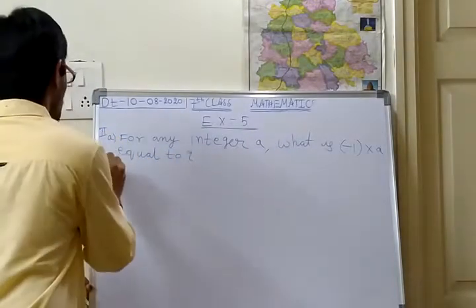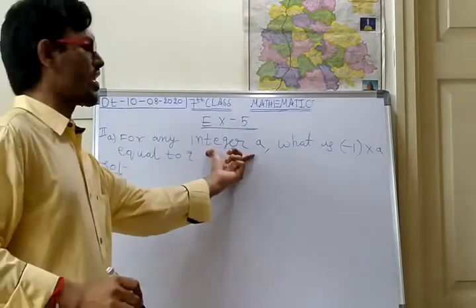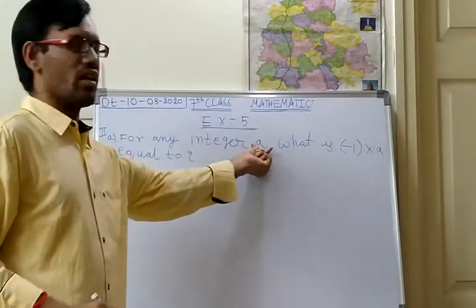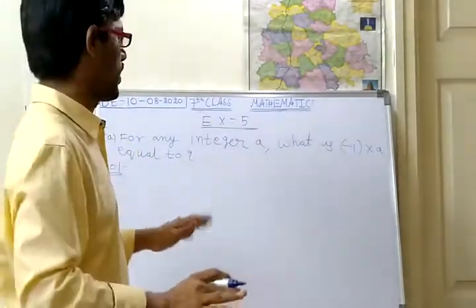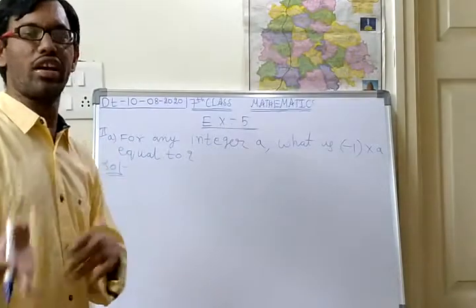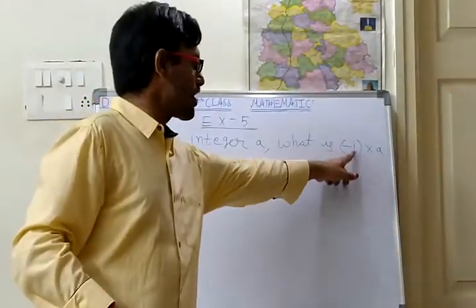So this is a problem. For any integer a, just assume that a is any integer, whether positive integer or negative integer or 0. For that integer, what is minus 1 into a?